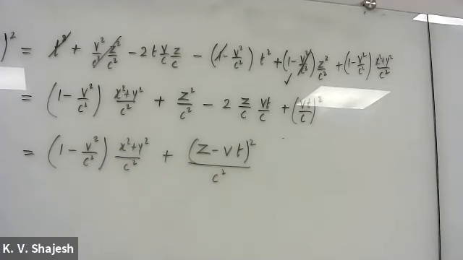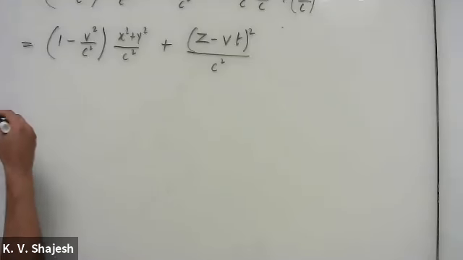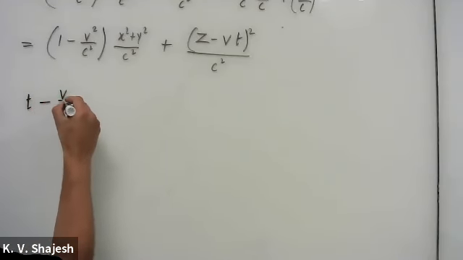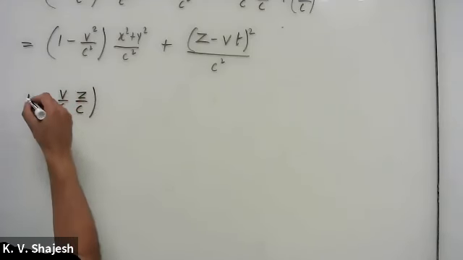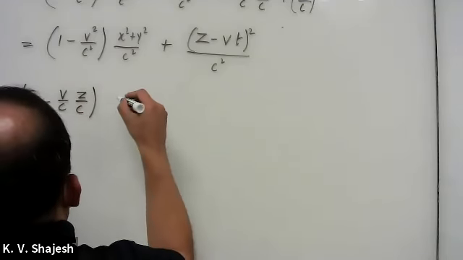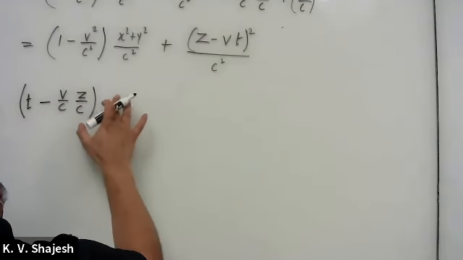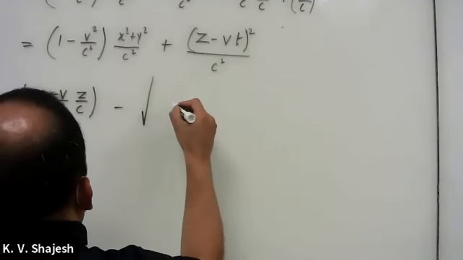But what is your retarded time? Let me write that down, and then we'll come back. So retarded time then is equal to t minus v over c times z over c, minus, right? No more plus because we dropped that for causal reasons.